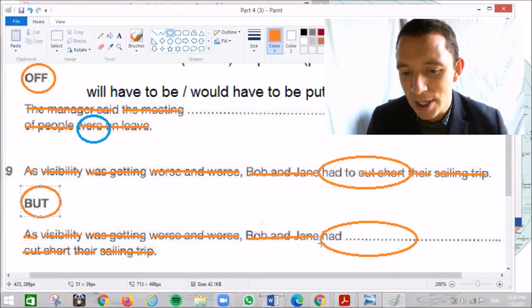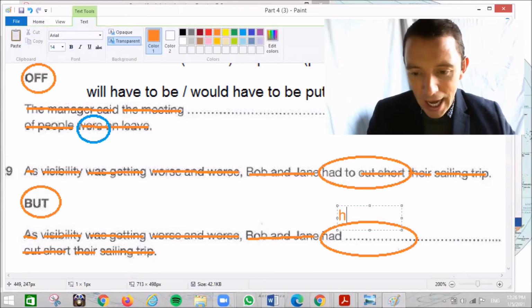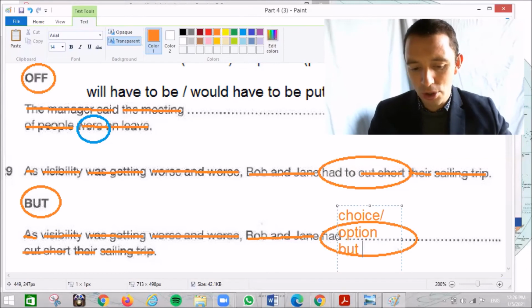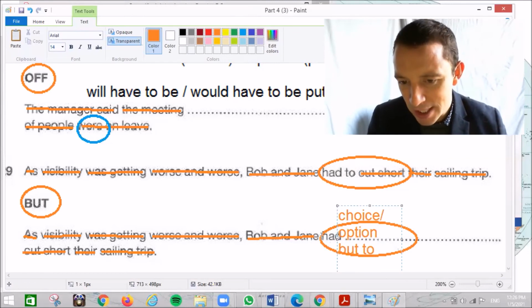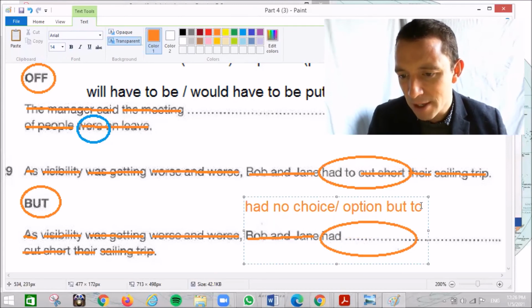So the best option here is, as visibility was getting worse and worse, Bob and Jane had no choice or had no option, okay? Had no choice, had no option but to. Okay, so let me make that bigger so you can see it perfect. So Bob and Jane had no choice or no option but to cut. For me, that's perfect.